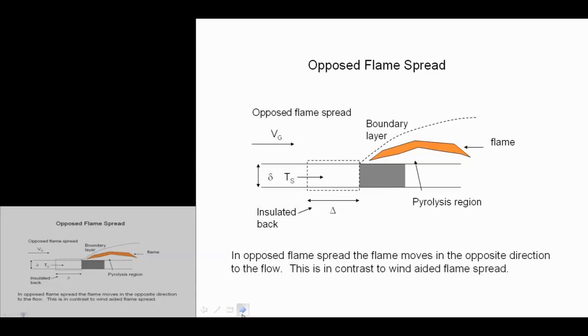Opposed flame spread is a harder problem than the wind-aided flame spread problem. The reason it's harder is because it's harder to define the length of the physics of heating. It's hard to define from first principles.